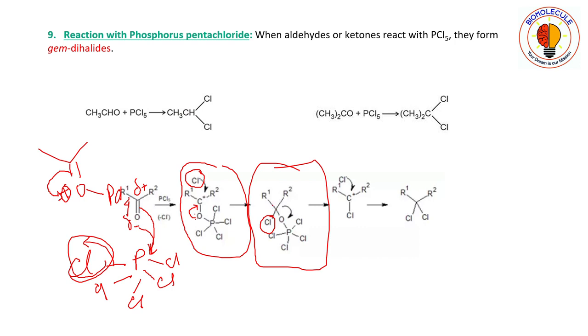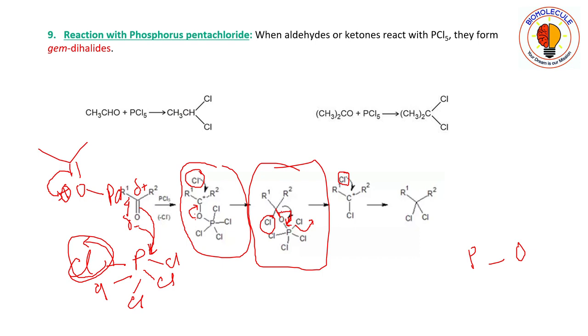Now you see that phosphorus has a very good affinity for oxygen, so it will take this bond and form a double bond here, and one chloride ion will leave. So we are getting another free chloride ion and this carbon as positive, because oxygen is taking this bond and forming a double bond with phosphorus.